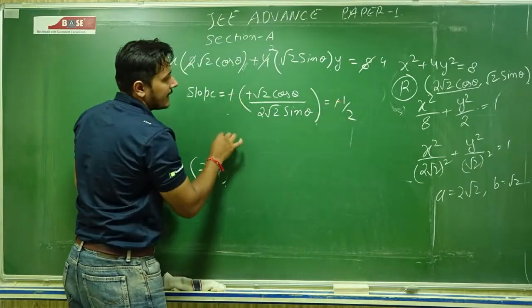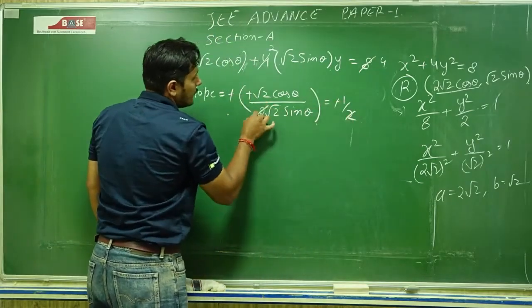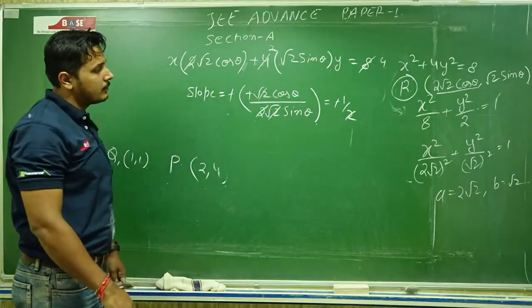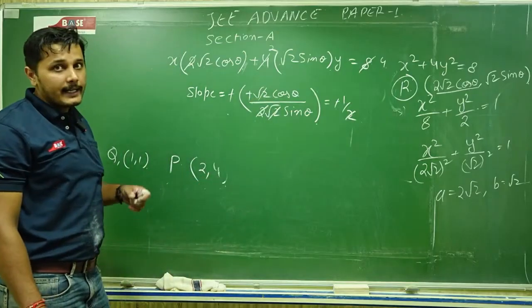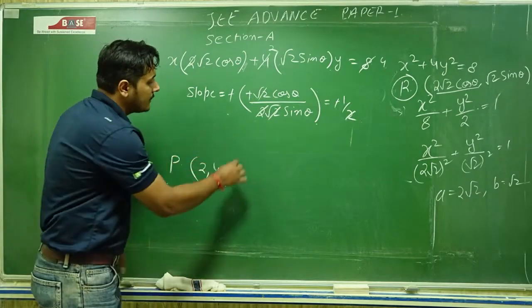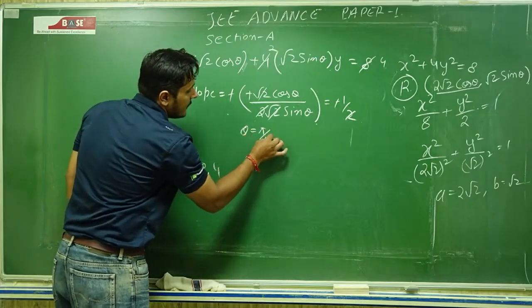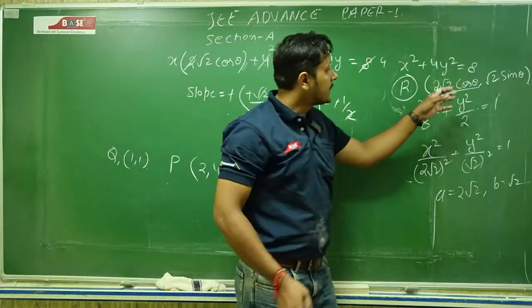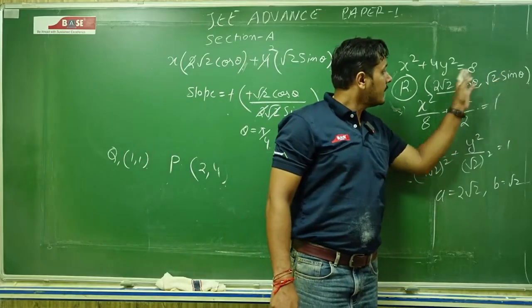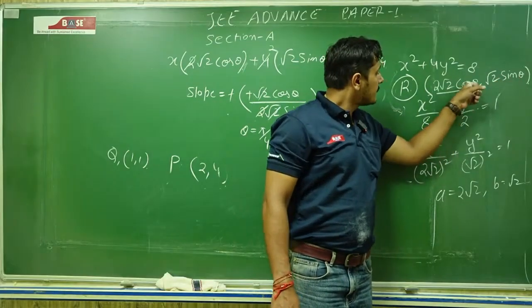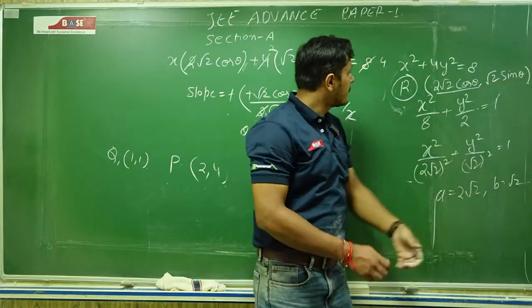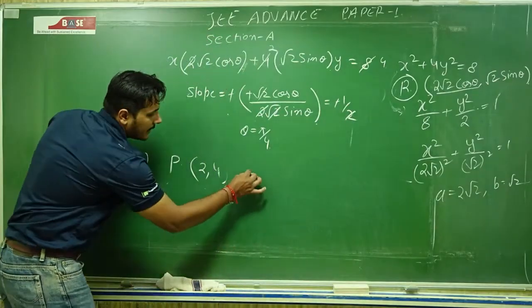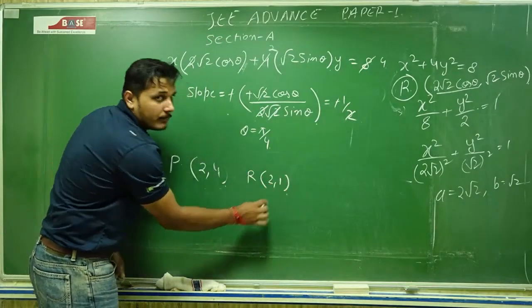So 1 will get cancelled, 2 will get cancelled, root 2 will get cancelled. So again we are getting cot theta as 1, which means tan theta is 1. So theta is again pi by 4. Substitute that theta value over here, which will make it 1 by root 2. So 2, 1. So we also got the point R, which is 2, 1.